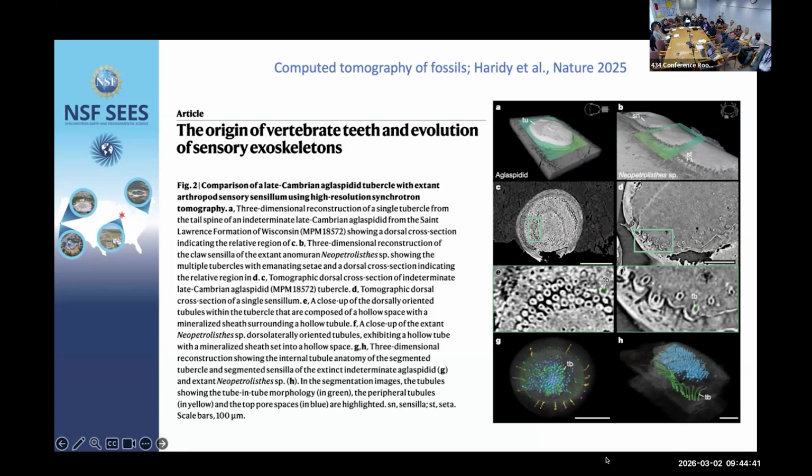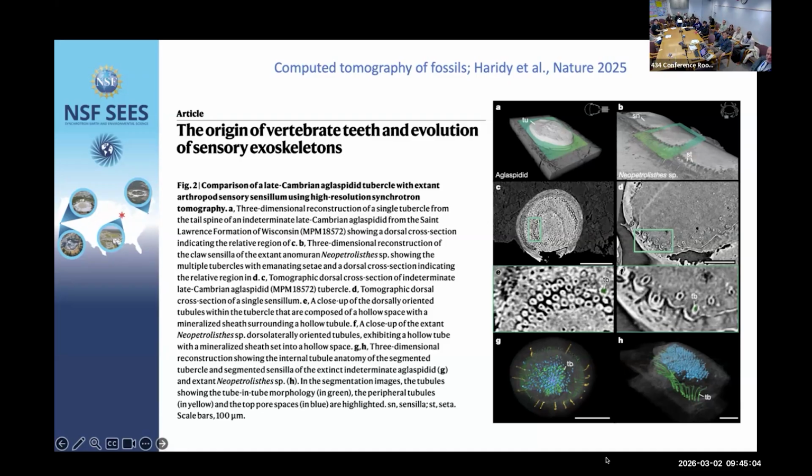This is a paleontology example where this postdoc, Yara Hariri, was trying to date the earliest stages of vertebrate evolution. There had been postulated fossils from the Cambrian period that were said to be the teeth of vertebrate animals.